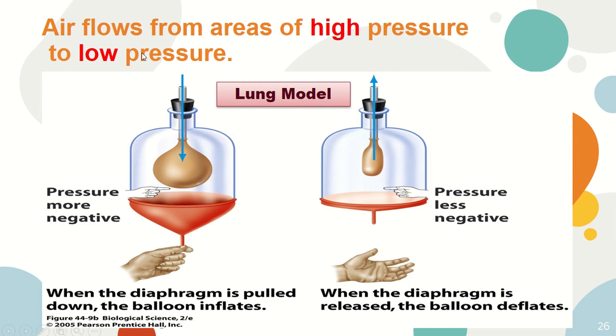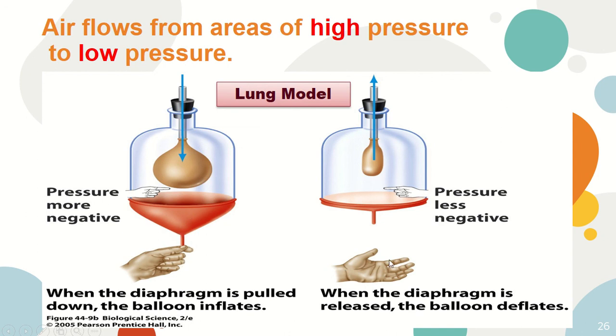Now, if we put that in a model, for example, in a lung model, this is how the air flows from areas of high pressure to low pressure. This is your lungs, this is a lung model, and this is your diaphragm. As you can see here, pag hinigit mo yung balloon, papasok yung air. So, mag-expand tong lungs, pero yung diaphragm mo, mag-move downward.